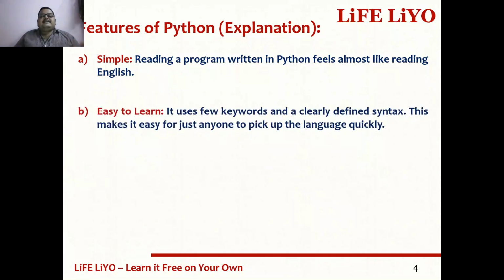Second one, easy to learn. Just now we said that Python is simple. That means it is very easy for reading purposes, just like English. It is also very easy to learn because it consists of only a few keywords and they have clearly defined syntax. So this language is easy to learn.